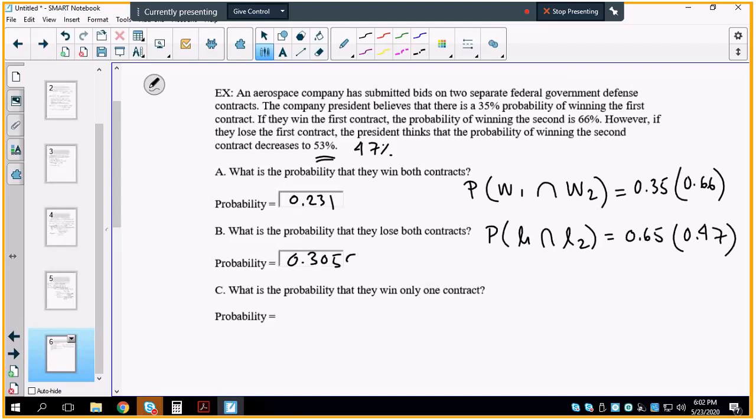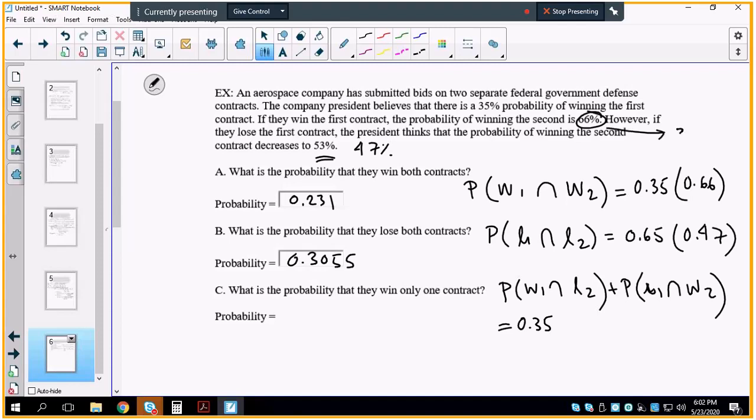And our final question is, what is the probability that they will win only one contract? And that can happen in two ways. The probability they win the first one and lose the second one, plus the probability they lose the first one and win the second one. Again, remember, winning the first one, the probability is 0.35. Winning the first one and winning the second one is 66%, so winning the first one and losing the second one should be the complement of that, which is 34%.